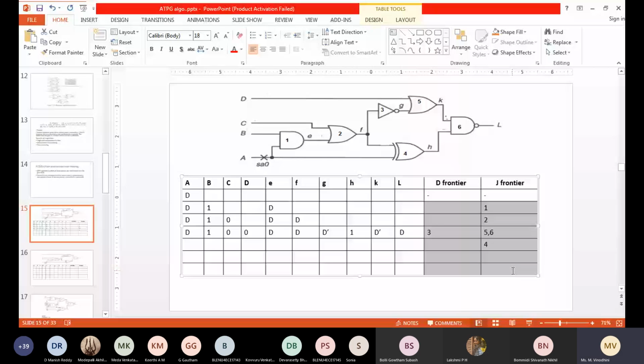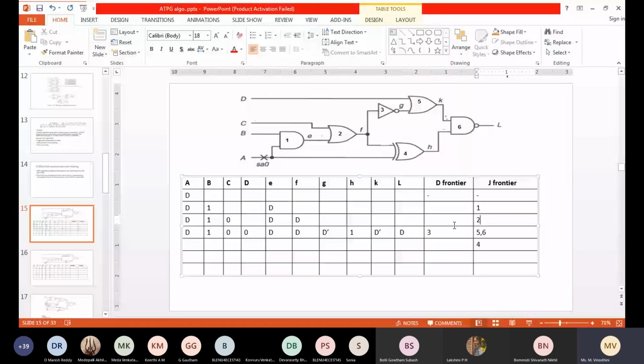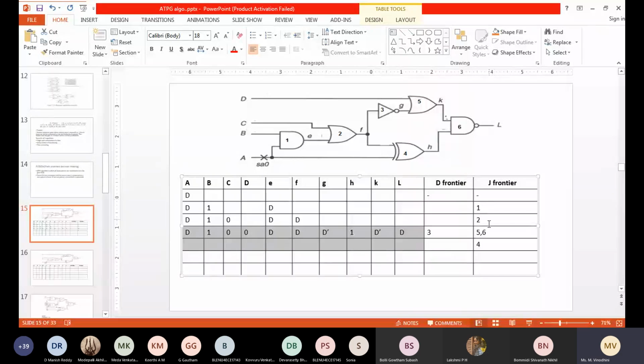Suppose my answer key says 1, 2, 5, 6, your way of thinking might be different and you might have done the steps differently. In the last step you might have written 3 different columns, and accordingly the J frontier values will change. Maybe you did the first 2 steps in 1 row, so 1 and 2 will come in 1 row only. So it varies.